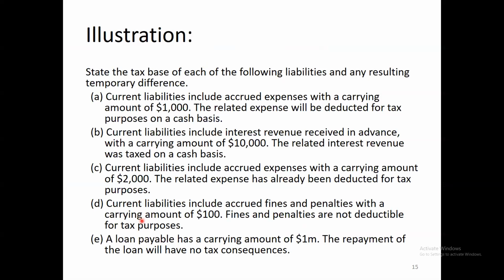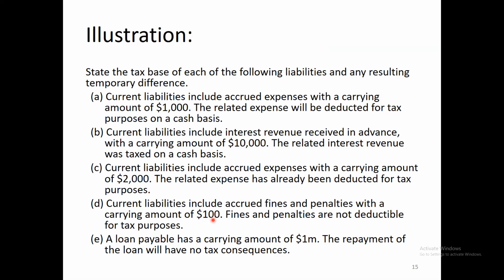And part D, current liabilities include accrued fines, fines payable, with a carrying amount of 100. Fines and penalties are not deductible for tax purposes. Then are there any future deductions for that expense?